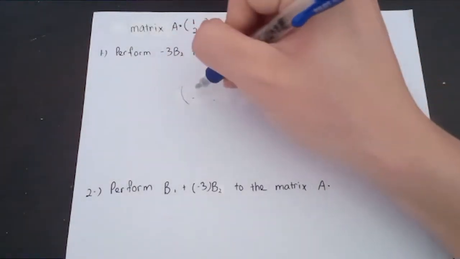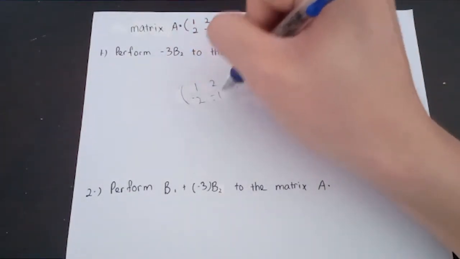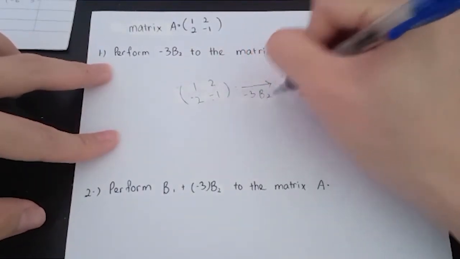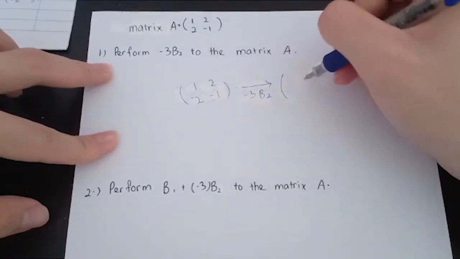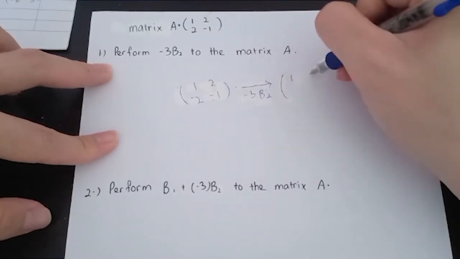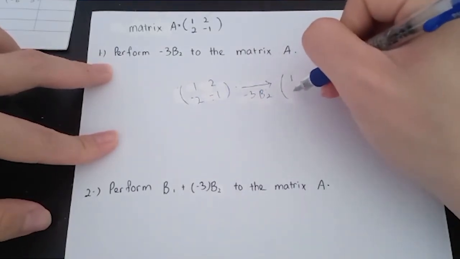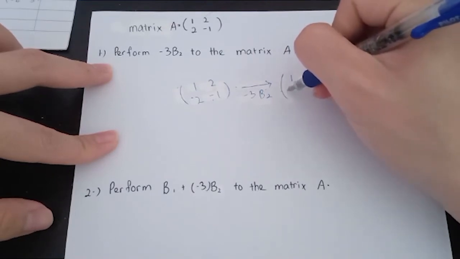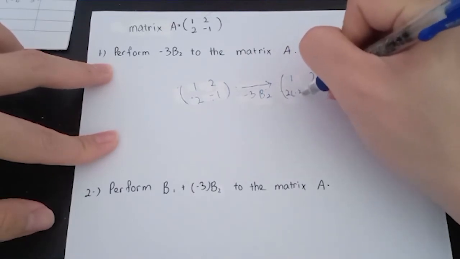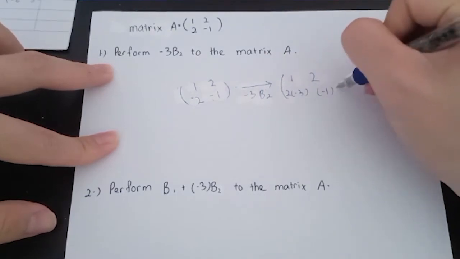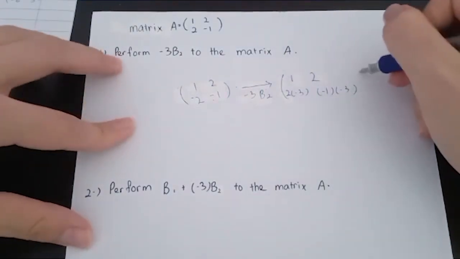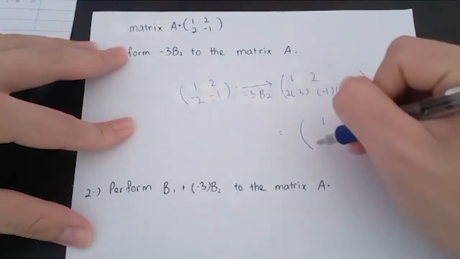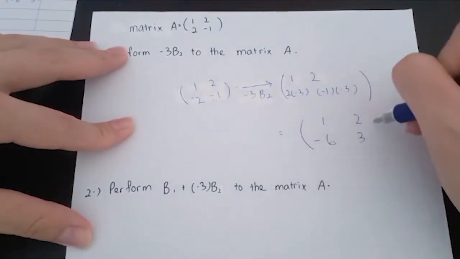Therefore, the element in the first row will remain the same, and the element in the second row we need to multiply with negative 3. So we get the final answer 1, 2, negative 6, positive 3.